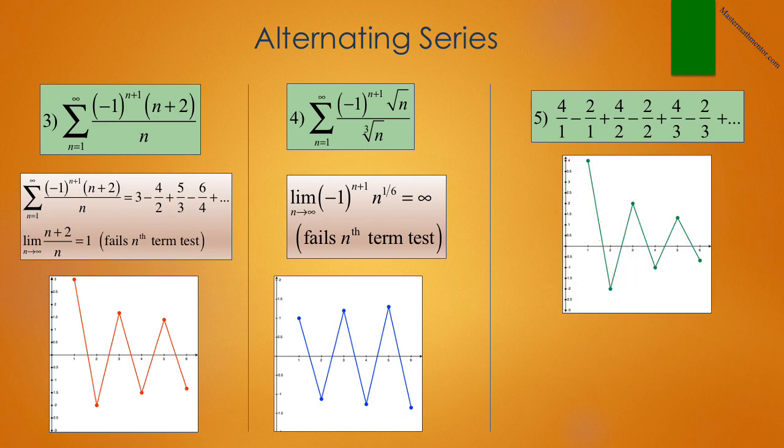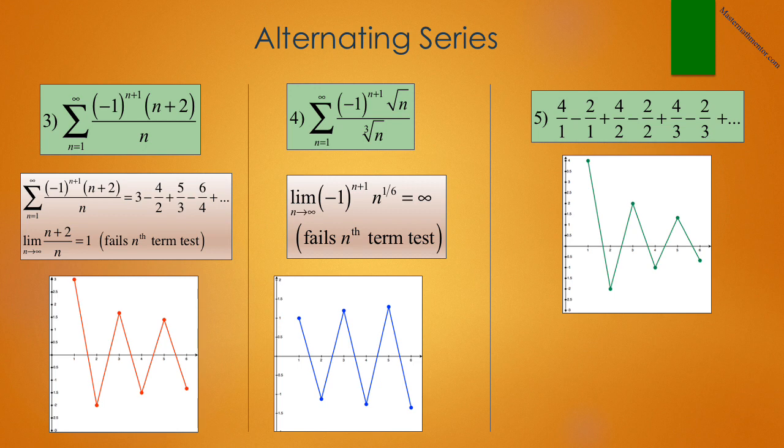5 reads 4 over 1 minus 2 over 1 plus 4 over 2 minus 2 over 2 plus 4 over 3 minus 2 over 3 plus dot dot dot. This is the only challenging problem here. It is alternating, but it is not quite clear whether the terms are getting smaller.